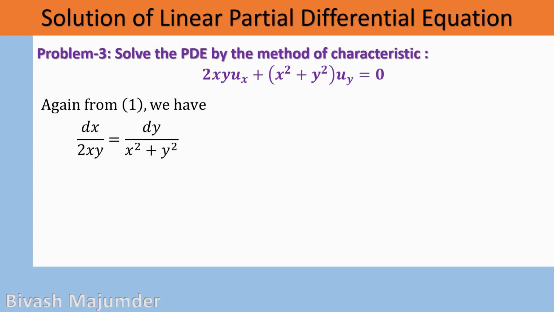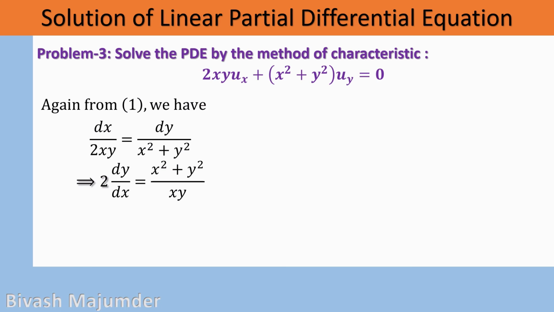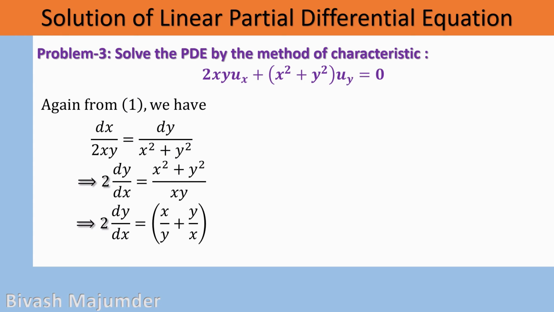Again from equation 1, we have dx by 2xy equals dy by x square plus y square. Simplifying, 2 dy/dx equals x square plus y square by 2xy, which implies 2 dy/dx equals x by y plus y by x. Now, let y equals x times z.